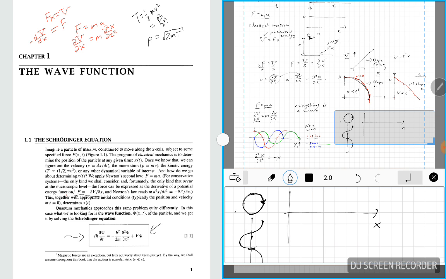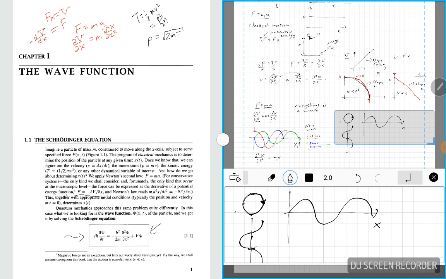So my position also follows the same exact trend. If this was 0, this would be fairly far away from 0 in the positive direction. This would be 0 again, and then we would have far away from 0 in the negative direction now, and then now it's back to 0 again.